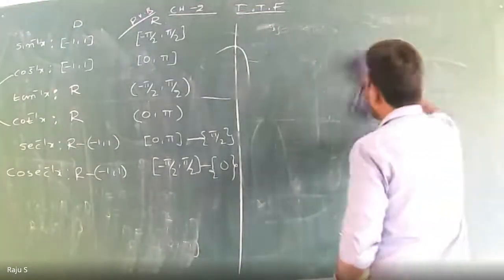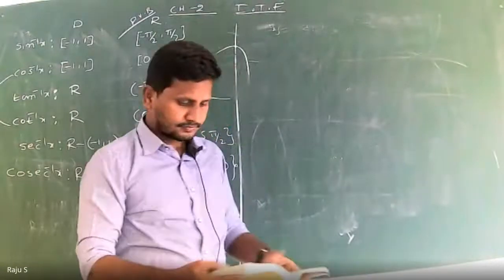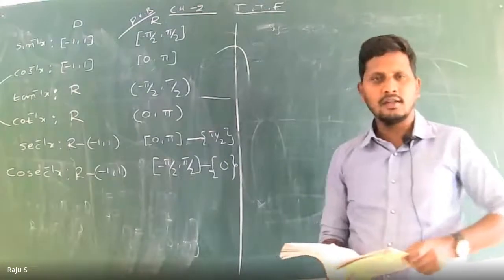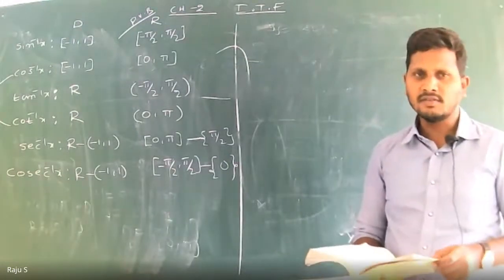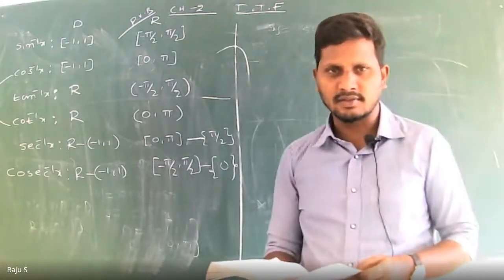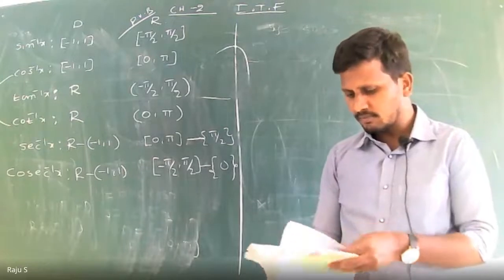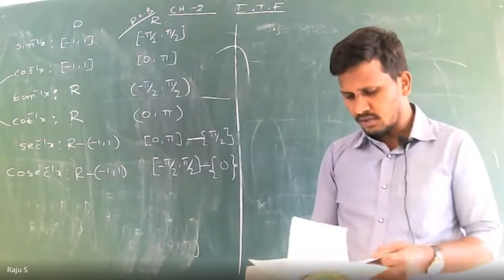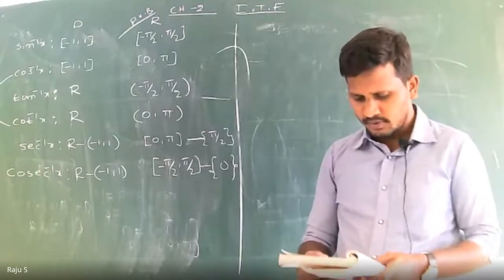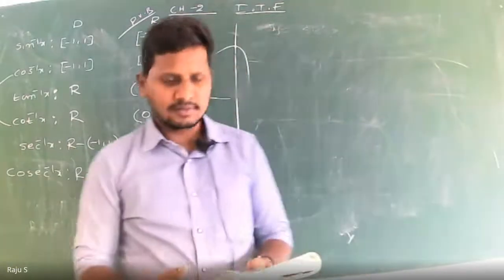Next. I started inverse trigonometry as per the master schedule: after matrices and determinants, inverse trigonometry is there. So what about the first question? Page number 41, exercise 2.1. All are very easy questions.